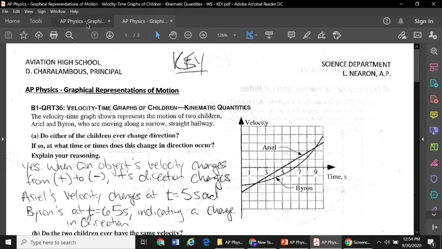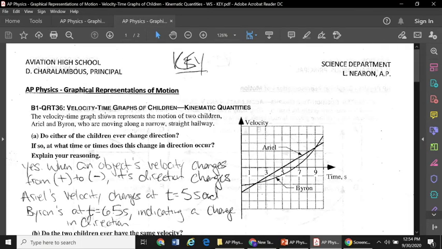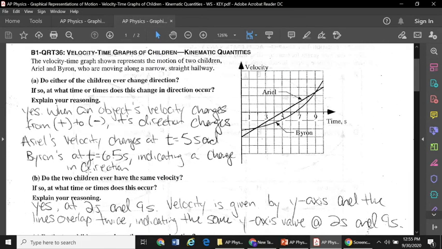Okay, part B asked, do the children ever have the same velocity? If so, at what time or times does this occur? Explain your reasoning. I think this one's pretty easy too. The graph, remember, is a graph of velocity versus time. So yes, the 2 children have the same velocity at 2 seconds and at 9 seconds.